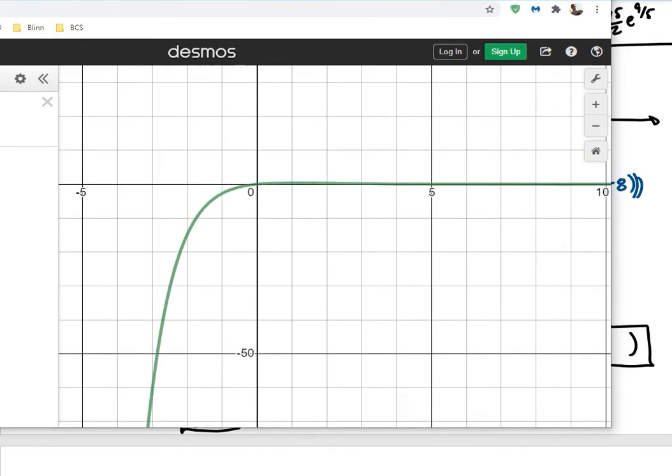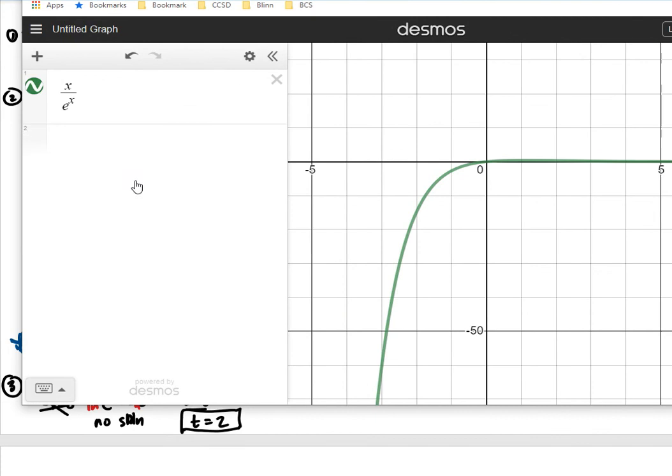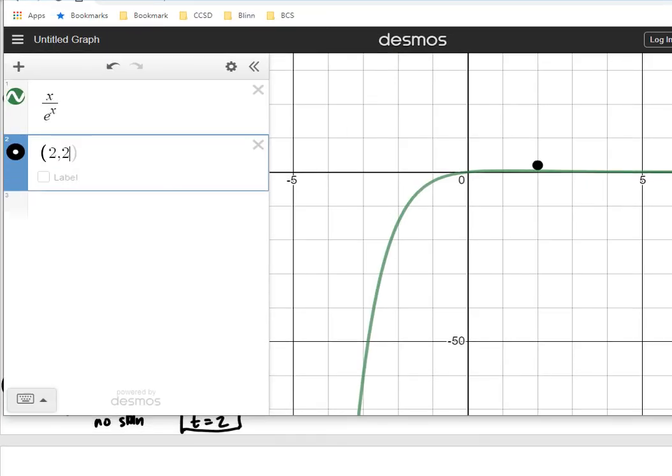All right, so my inflection point was 2, comma, so let me put it right here, parentheses 2, comma, and then it was 2 over e squared. So 2 divided by e squared, like that, parentheses.